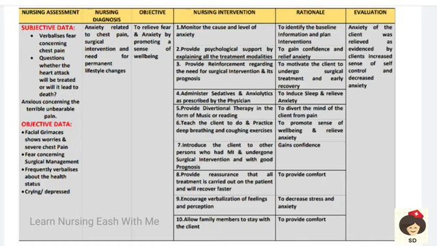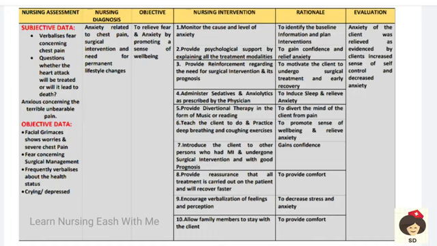Psychological support will be provided by explaining the different treatments available, and positive reinforcement will be given. Also tell the patient surgical management is there, motivate the patient to undergo surgery, and say what the survival rate after surgery is. All those things you have to explain, and sedatives and anxiolytics will be given to relieve the anxiety.